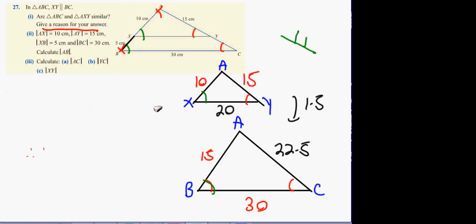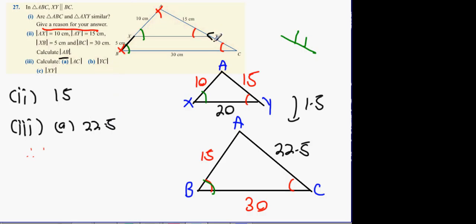Calculate AB. Have we already calculated AB? AB is 15. Part 3, calculate AC. Already done, 22.5. Next part, calculate YC.